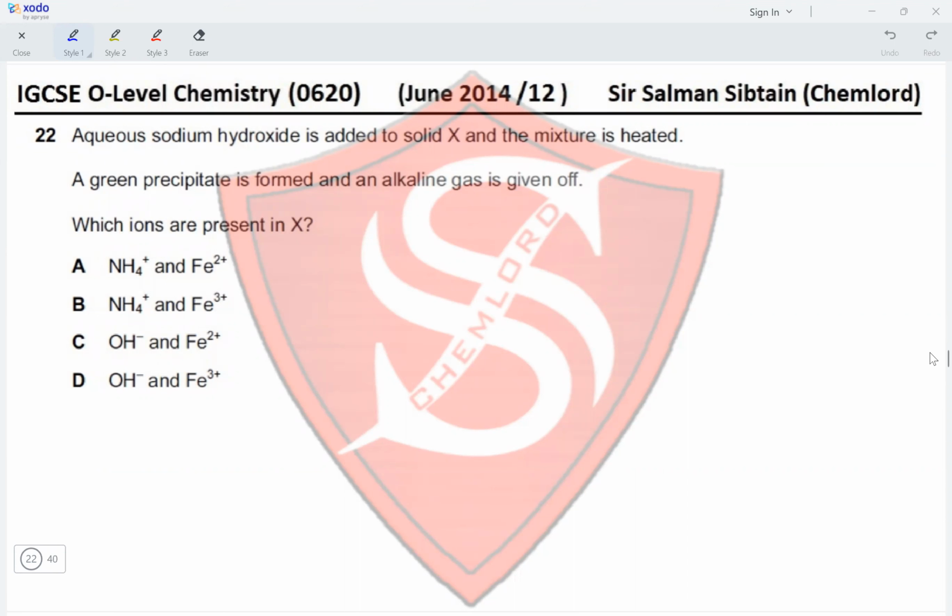So if an alkaline gas is given off on addition of sodium hydroxide and heating, that alkaline gas has to be ammonia, and ammonia is given off due to the presence of ammonium ions. So ammonium ions are present in the solid, and a green precipitate is formed.